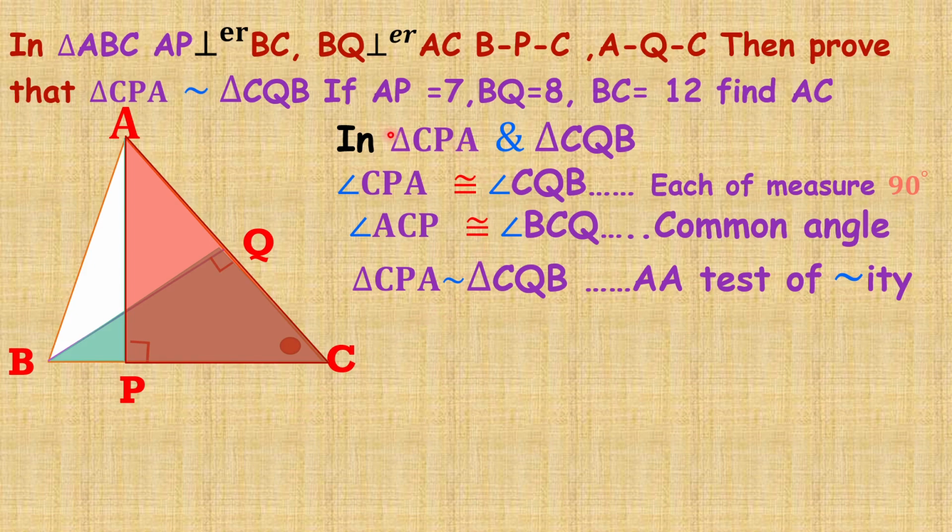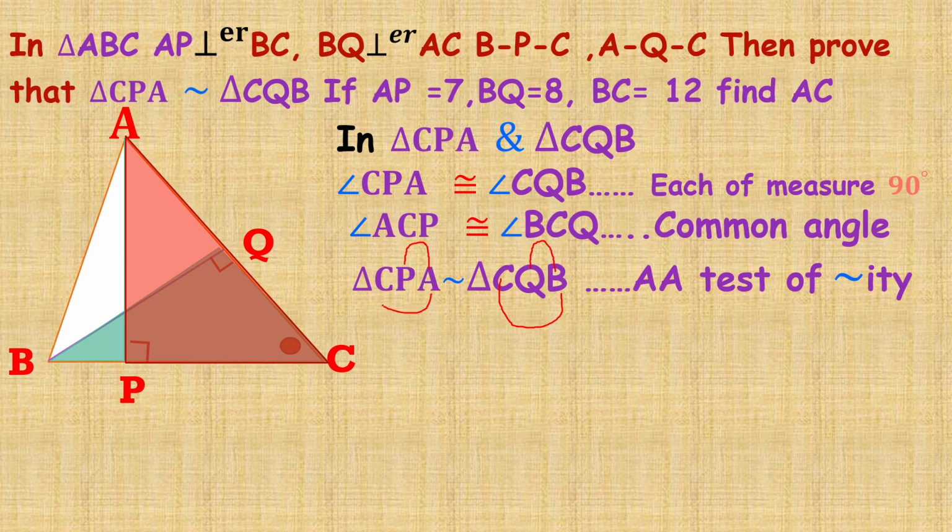Then which information is given? AP is given. How much? 7. Where is the AP? Here AP. That means third, second. Therefore, the corresponding side of AP is BQ. Also, BC is given. BC is nothing but third, first.